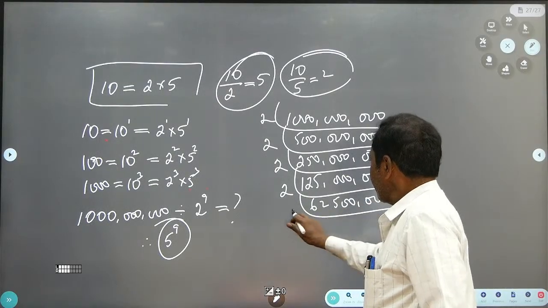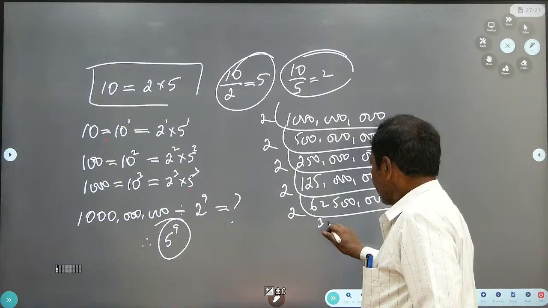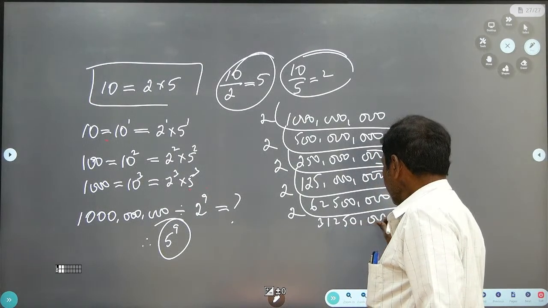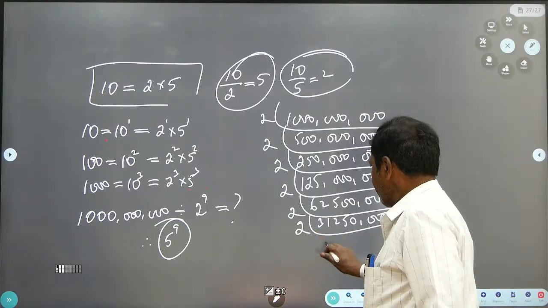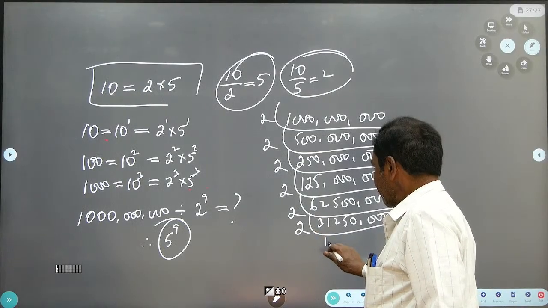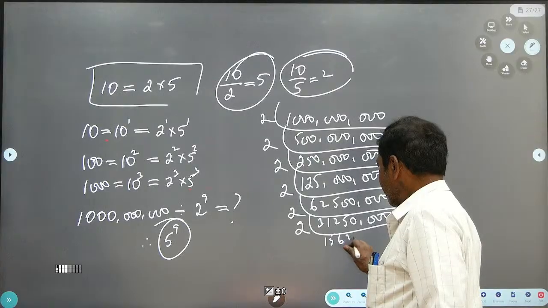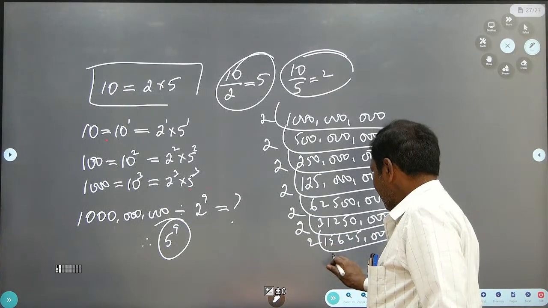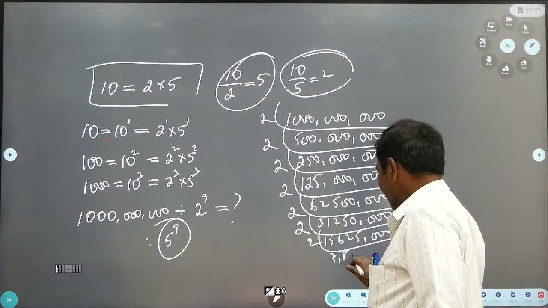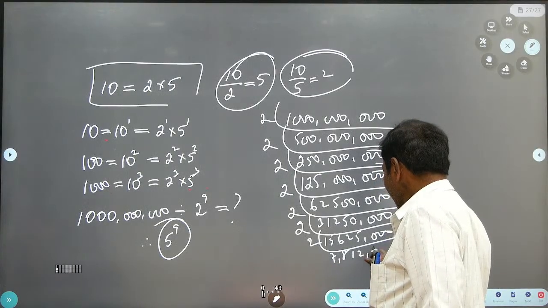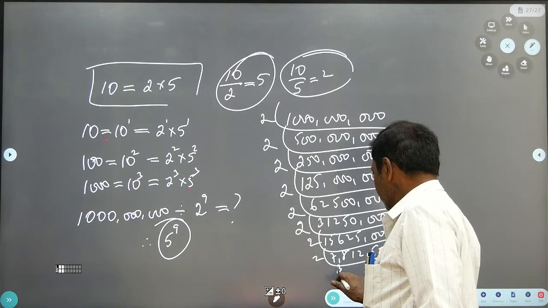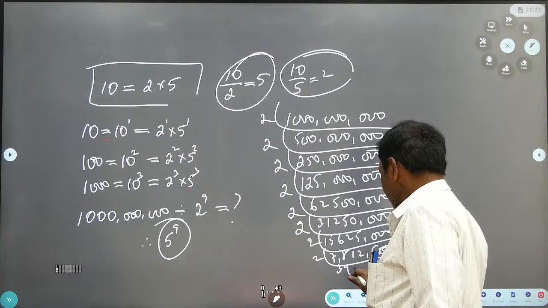Again an even number, 2 3s are 6, 2 1s are, 2 2s are, 2 5s are. It goes on.